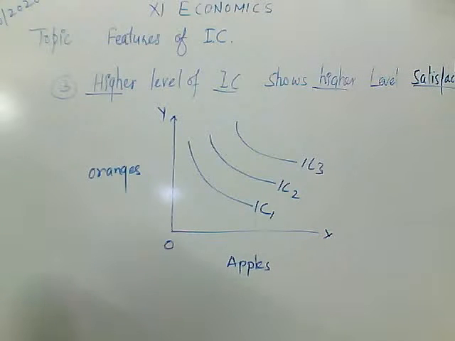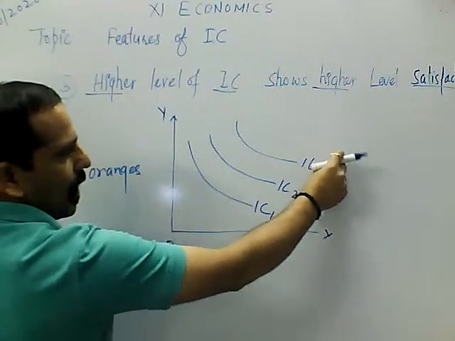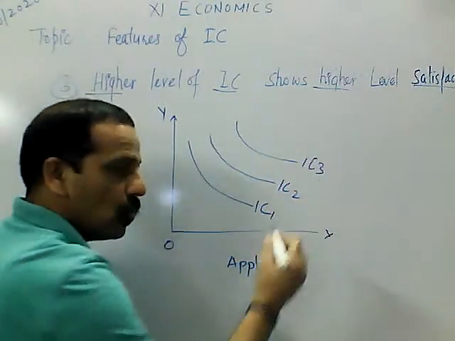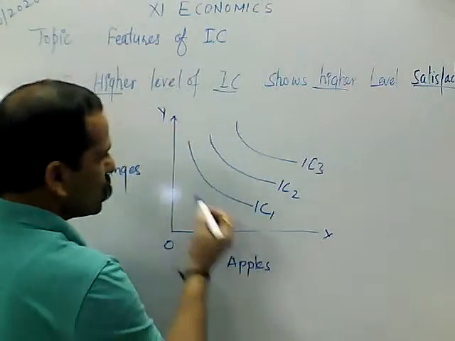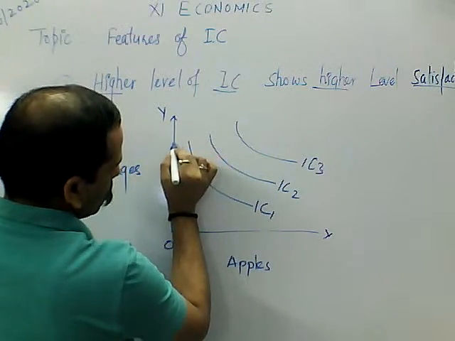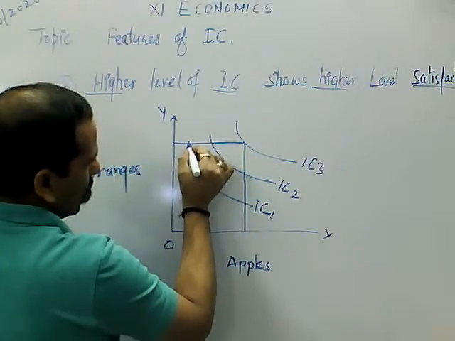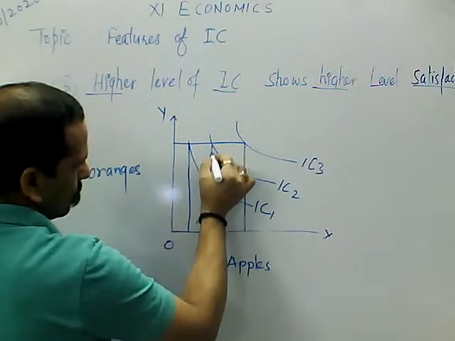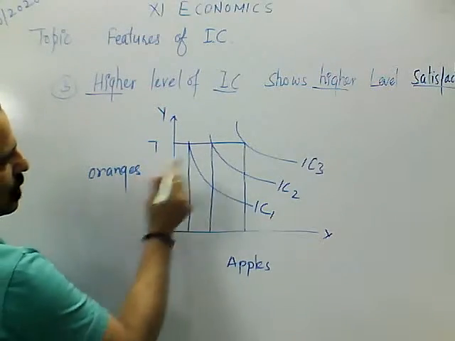Why is this giving more satisfaction? Because the IC3 combination is giving you more units of goods. For example, see at different points. Let this be 7 units of oranges.